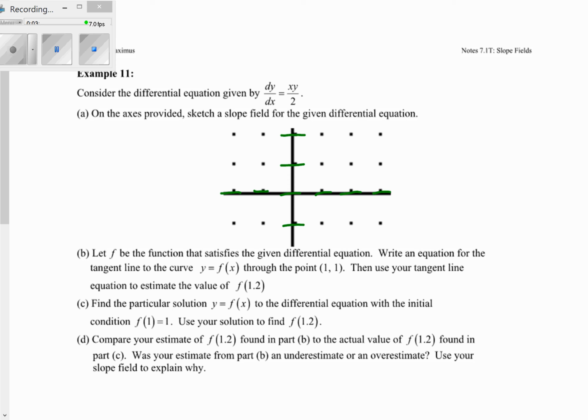All right, so now let's see, if x is 1 and y is 1, we get 1/2, so that's not going to be too steep, and then that's a little too steep for 1/2. So something like that. If one of them is 2 and the other one's 1, our slope is going to be 1. And so this is something that you can do. I'm just going to try to fill them in. If I made one wrong, oh well, you can tell me later, okay? Same thing down here.